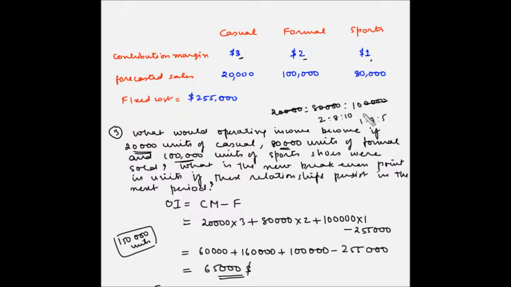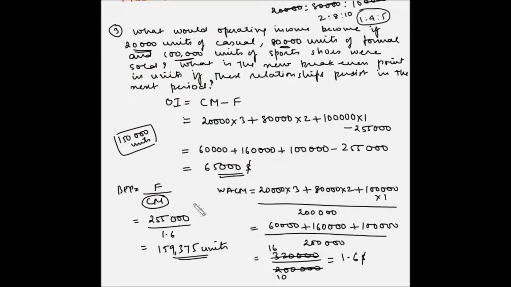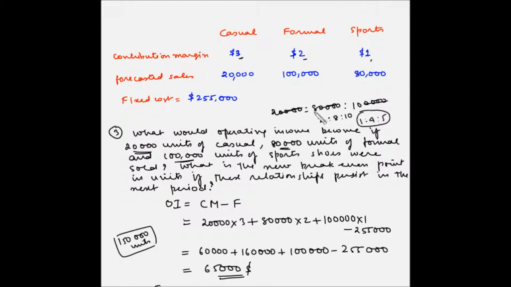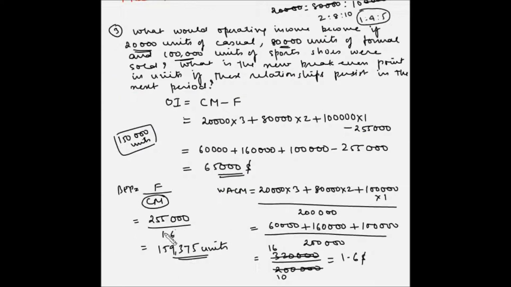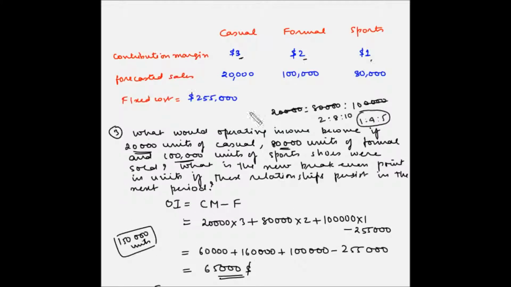So the total is 5 plus 4, 9, plus 1, 10, and the ratio of each of the product lines in the total break-even point is, for casual it is 1 by 10, for formal it's 4 by 10, and for sports it's 5 by 10. So if we multiply each of these ratios with the total break-even point units, then we'll get the break-even point units for each of the product lines.